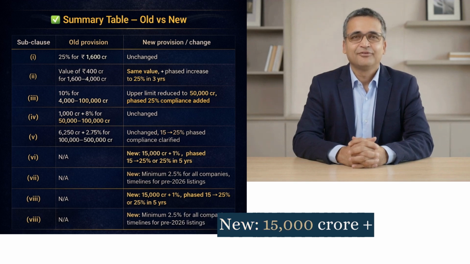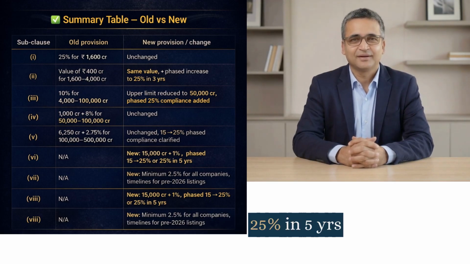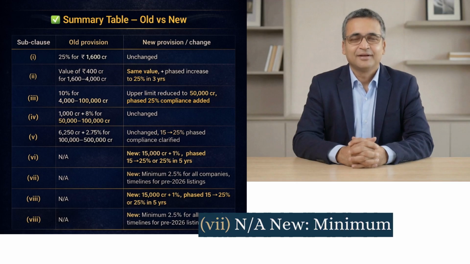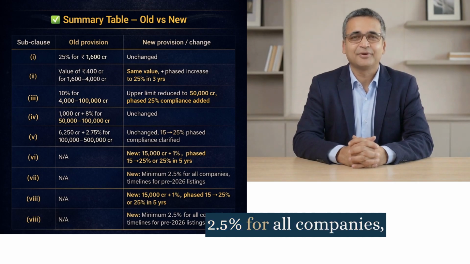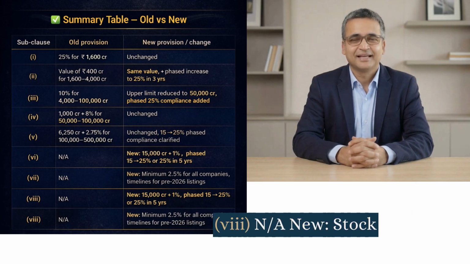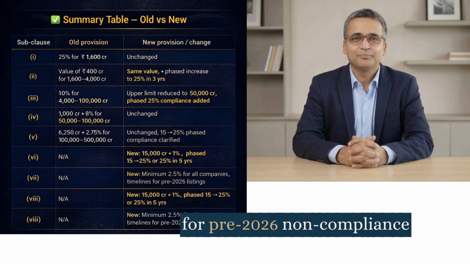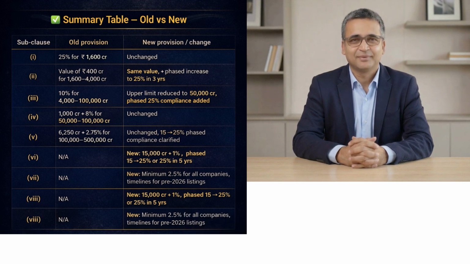New: 15,000 crore plus 1%, phased 15 to 25% or 25% in 5 years. 7. New: minimum 2.5% for all companies, timelines for pre-2026 listings. 8. New: stock exchange can impose penalty for pre-2026 non-compliance.